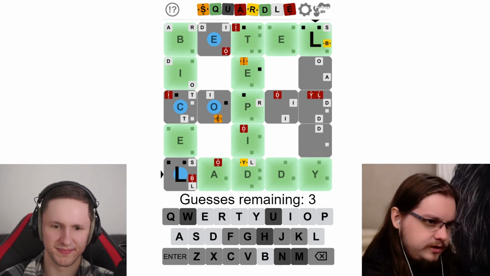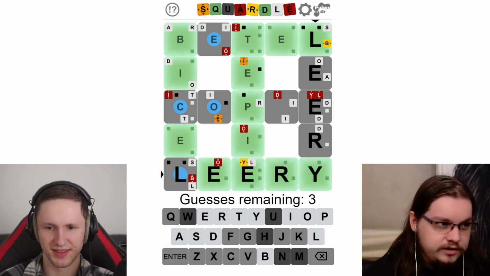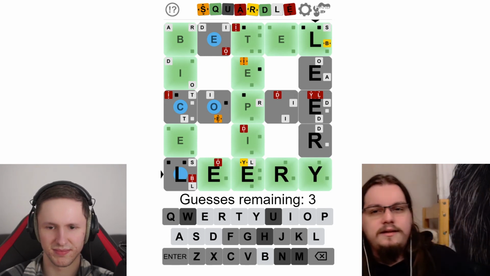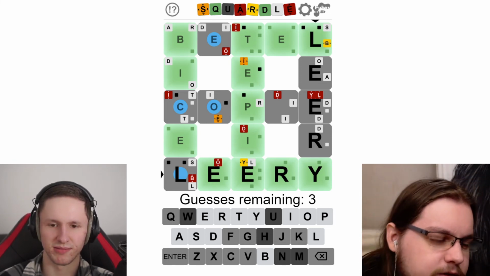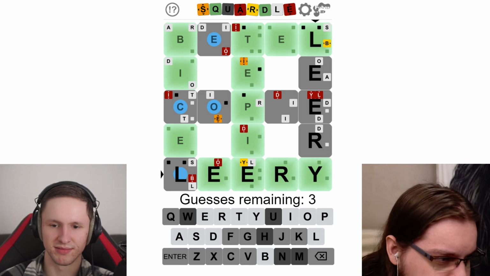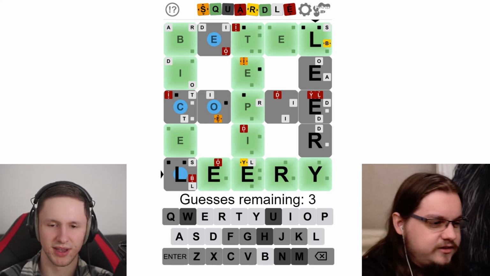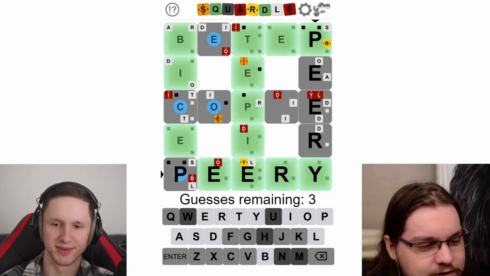Something tells me that this could be a word. But, to leer is a word, right? Mm-hmm. I don't know if leery is. Totally sounds legit. It sounds vaguely plausible. Now, the question then is, do we want to try... I feel like I've read that a couple of times even.